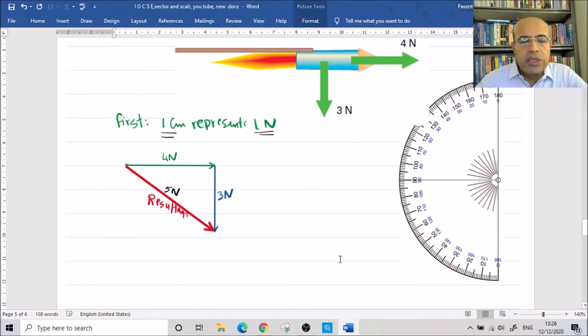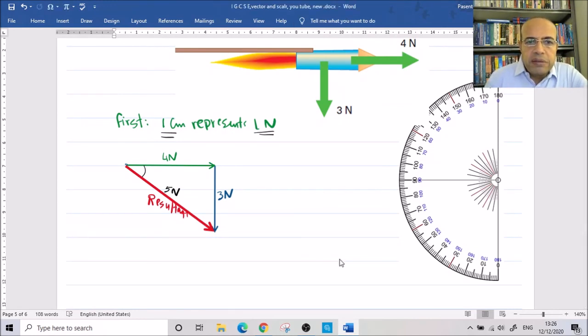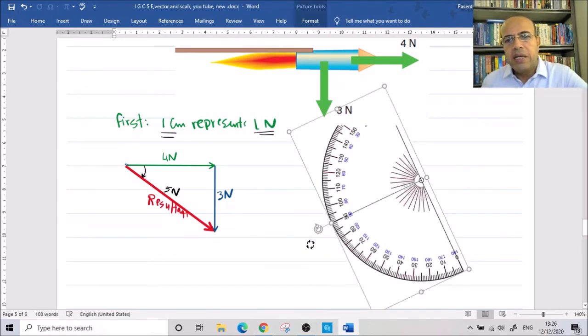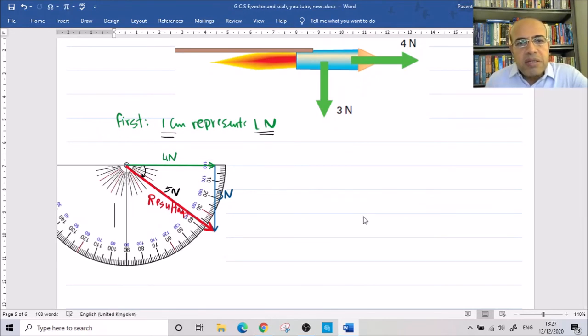What about the direction? To get the direction, we measure this angle using the protractor. 0, 10, 20, 30, 35, 36.